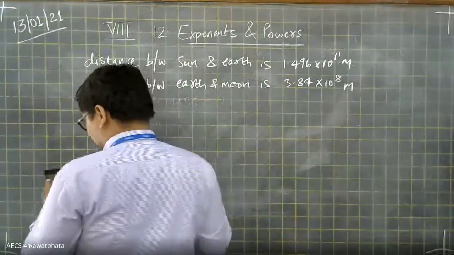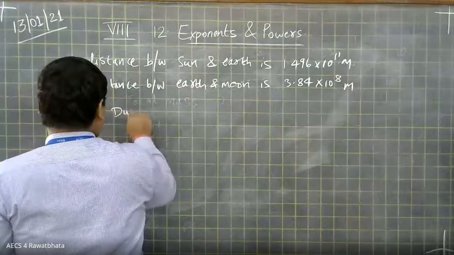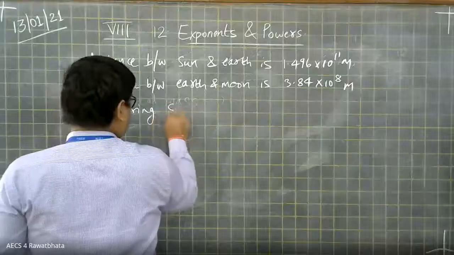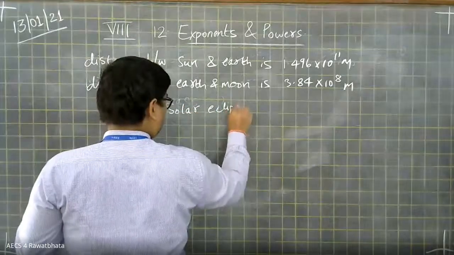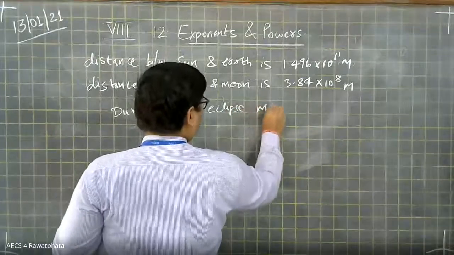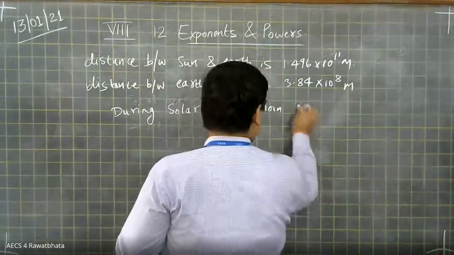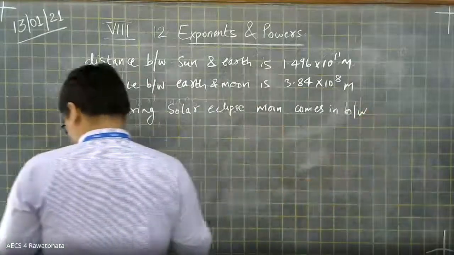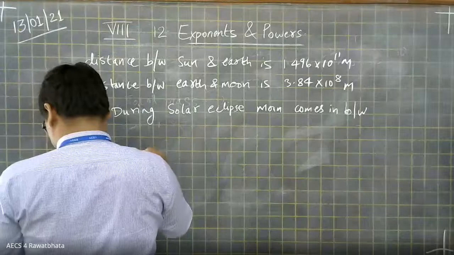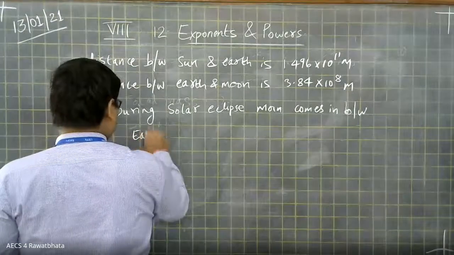During solar eclipse, moon comes in between earth and sun.